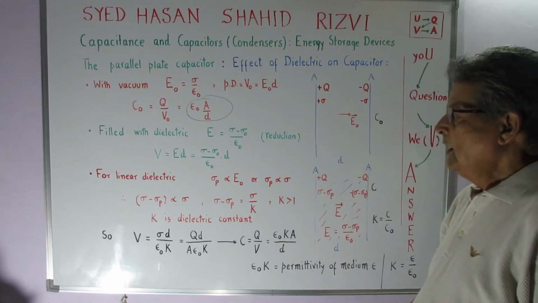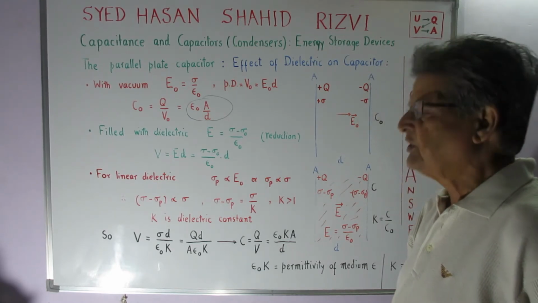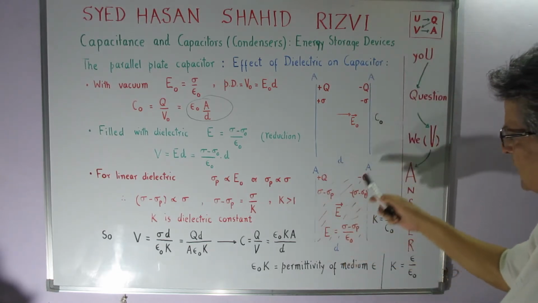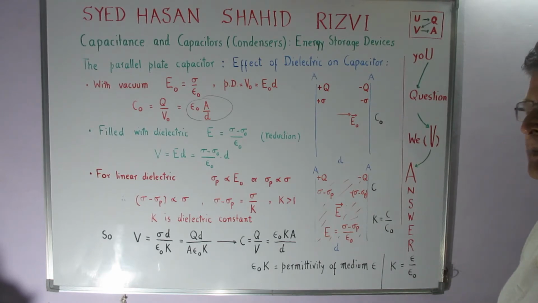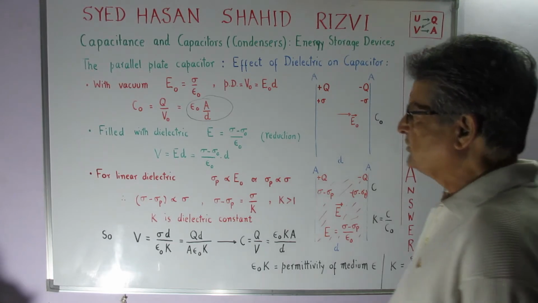Now when filled with the dielectric fully, what is going to happen? What will happen to the charges on the plates? The charges on the plates will be undisturbed. They will not be disturbed.